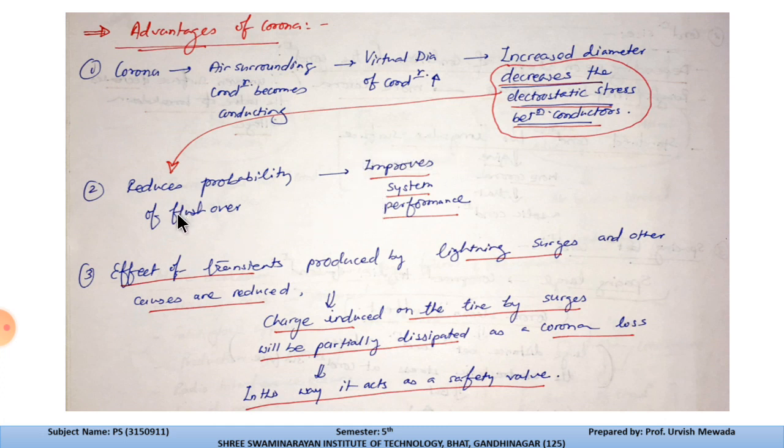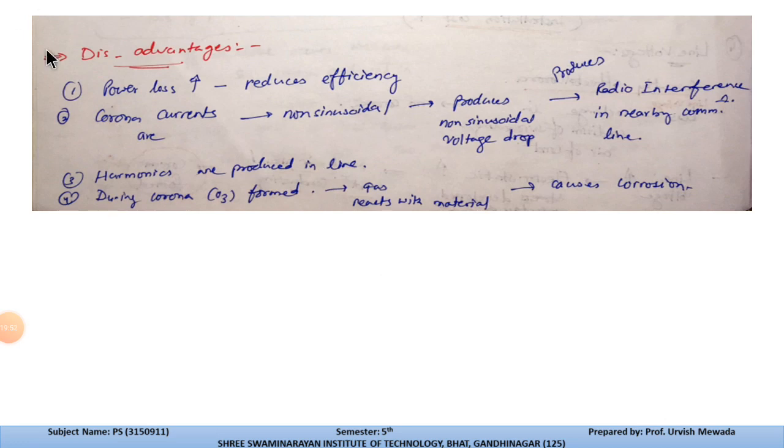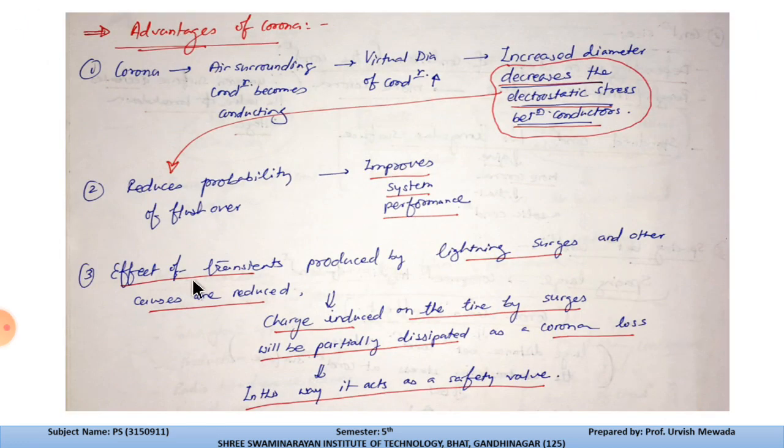Now the third advantage of the corona is the effect of transients. The effect of the transients produced by lightning surges and other causes is reduced due to the corona, because the charge induced on the line by surges will be partially dissipated as corona loss.